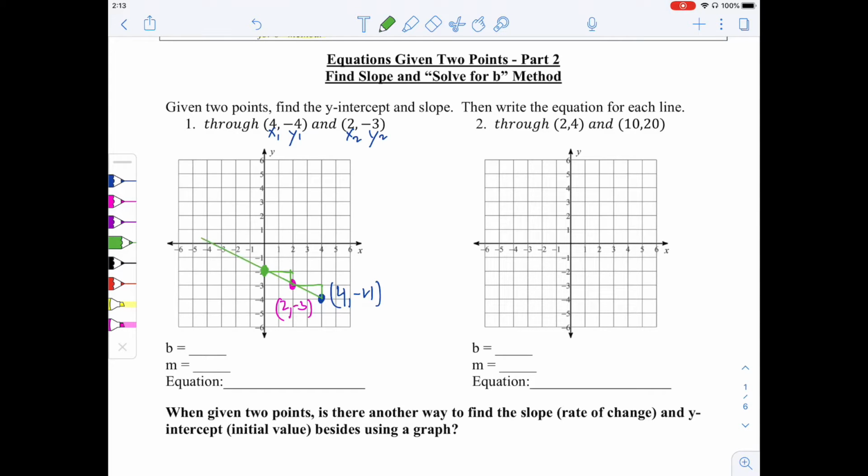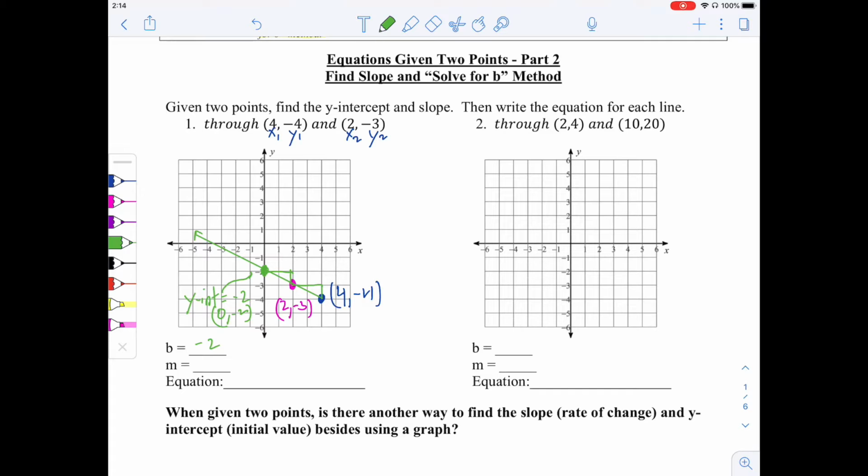And if we draw our line, we should also cross that y-intercept. So we know that our y-intercept is equal to -2, at (0, -2).